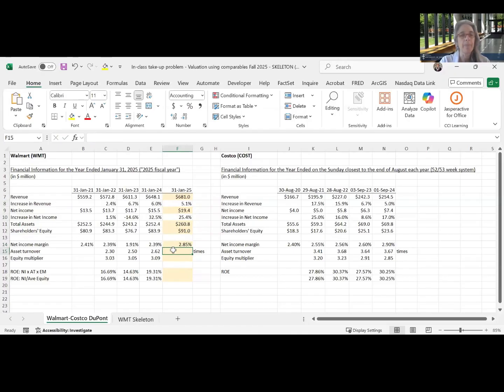Okay, then asset turnover. So I think I did mention this in the videos, but when we're comparing a balance sheet number to an income statement number, we always take the average of the opening and closing for the balance sheet number. So asset turnover, again, is sales over total assets, but total assets needs to be an average.